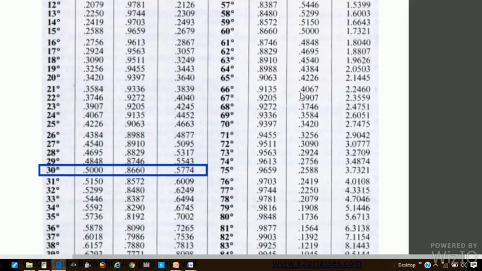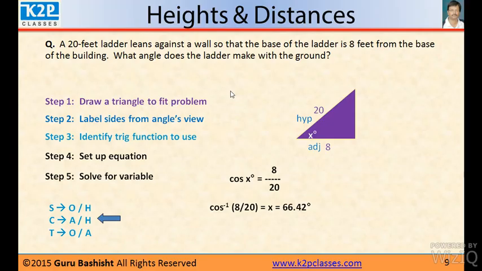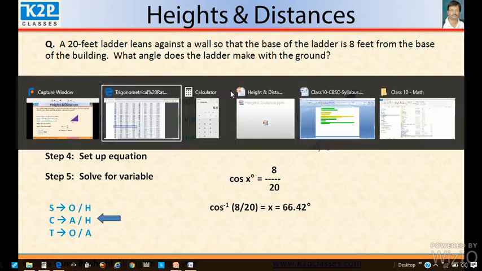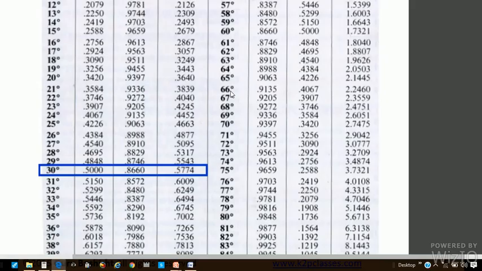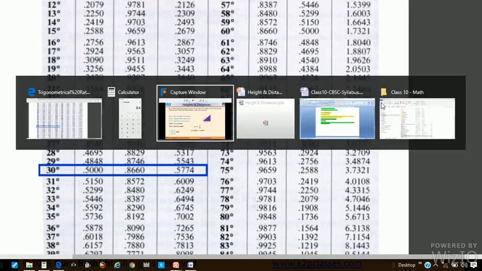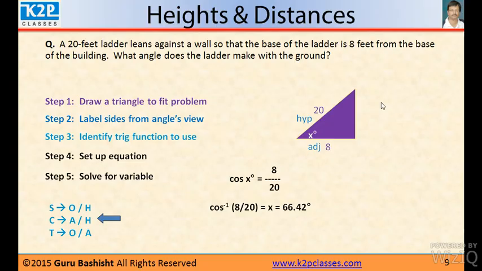So it is almost near, so it is about 66 degrees. Accurately, for exactly 0.4, if you determine it, it will come to 66.42. So the answer is 66.42.